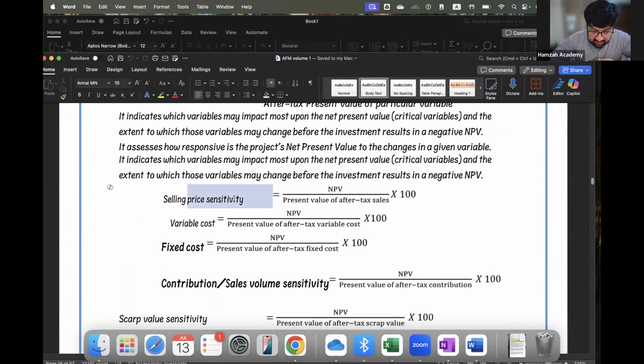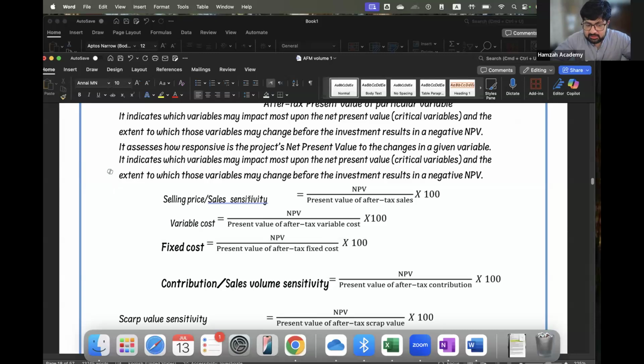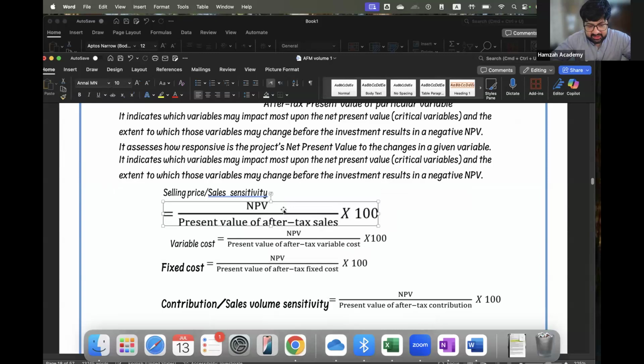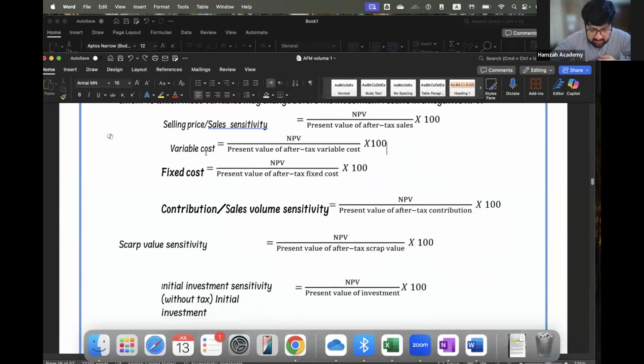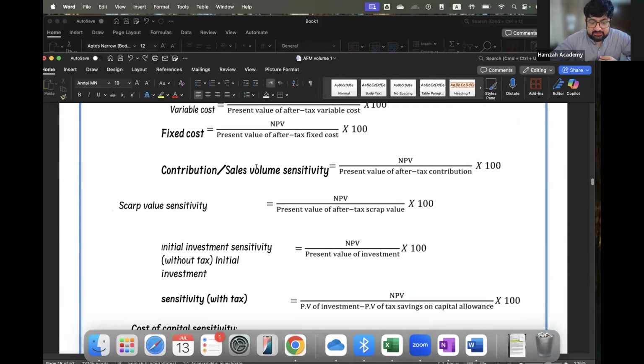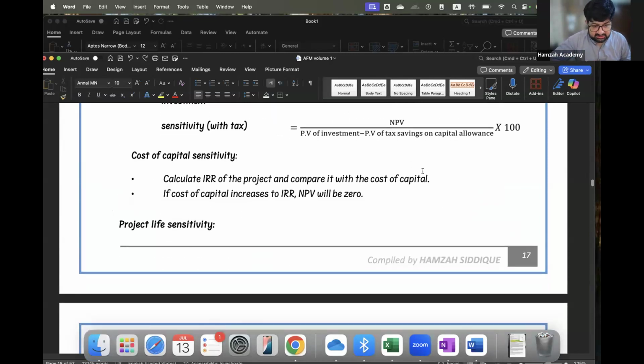For example, selling price sensitivity or sales sensitivity, same applies: NPV of a project over present value of after tax sales into 100. Variable cost sensitivity: NPV over present value of after tax variable cost. Now, sales volume: NPV over present value of after tax contribution.